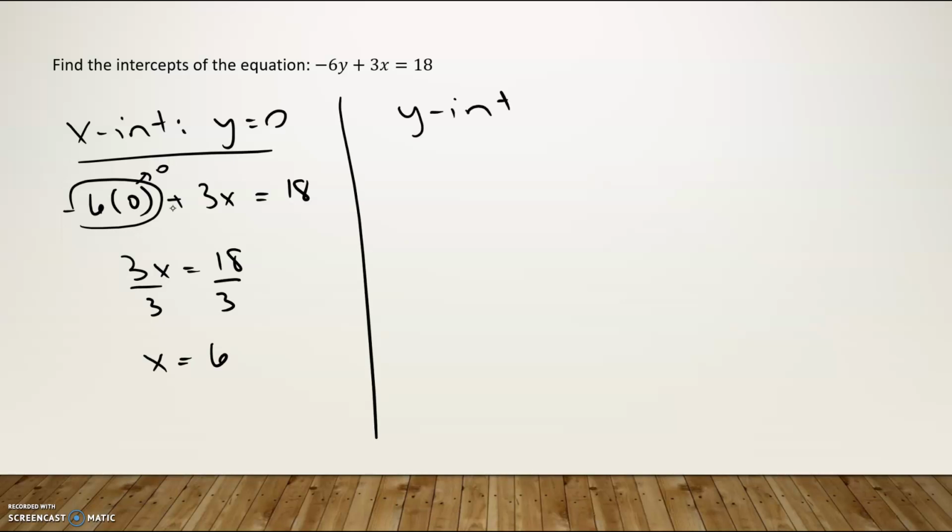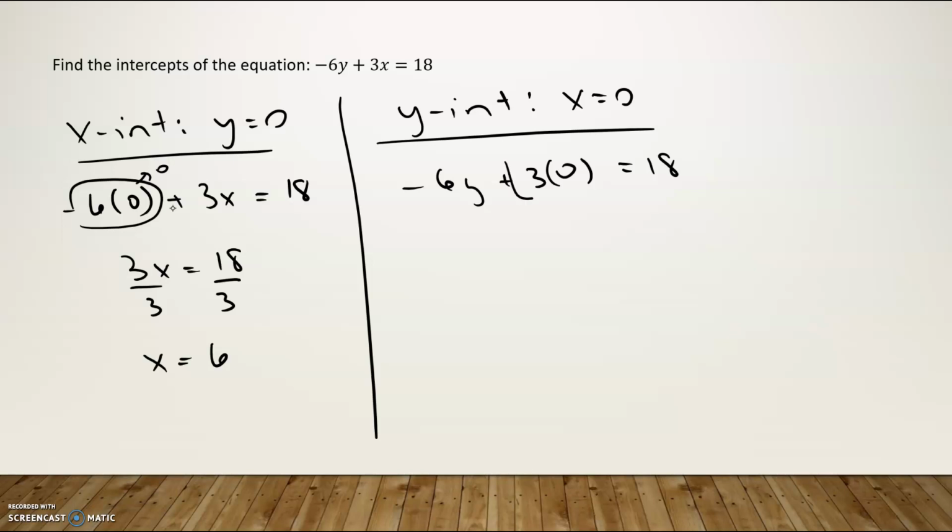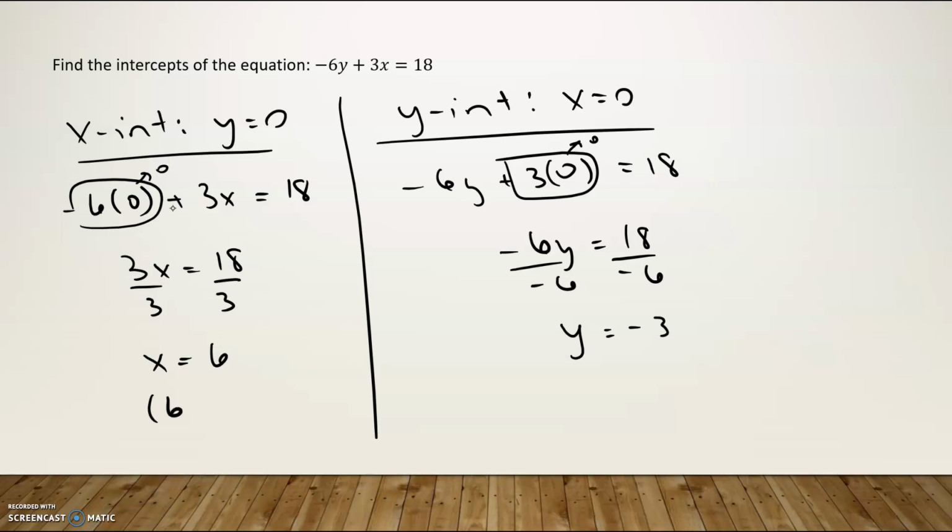And then the y-intercept means that x is 0. So negative 6y plus 3 times 0 is equal to 18. This whole thing right here goes to 0. So negative 6y is equal to 18. Divide both sides by negative 6, so y is equal to negative 3. And as an ordered pair, this would be 6, 0, and this would be 0, negative 3.